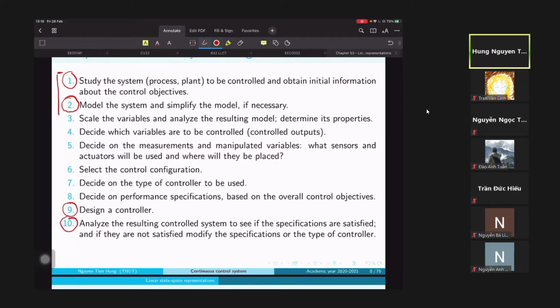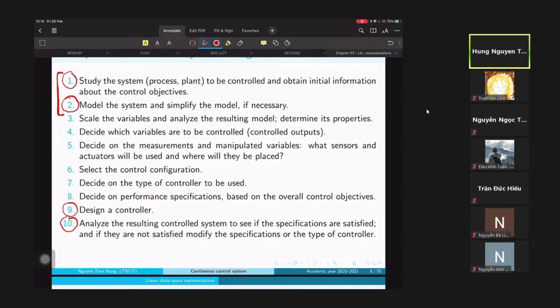We focus on this. We learn more about the plant or process, and we will see how many types of state space model we can use to represent a plant.